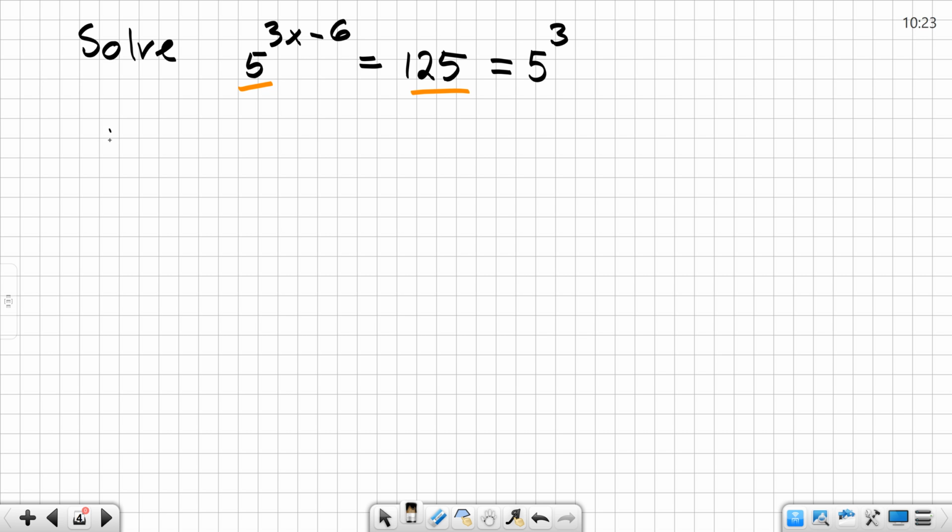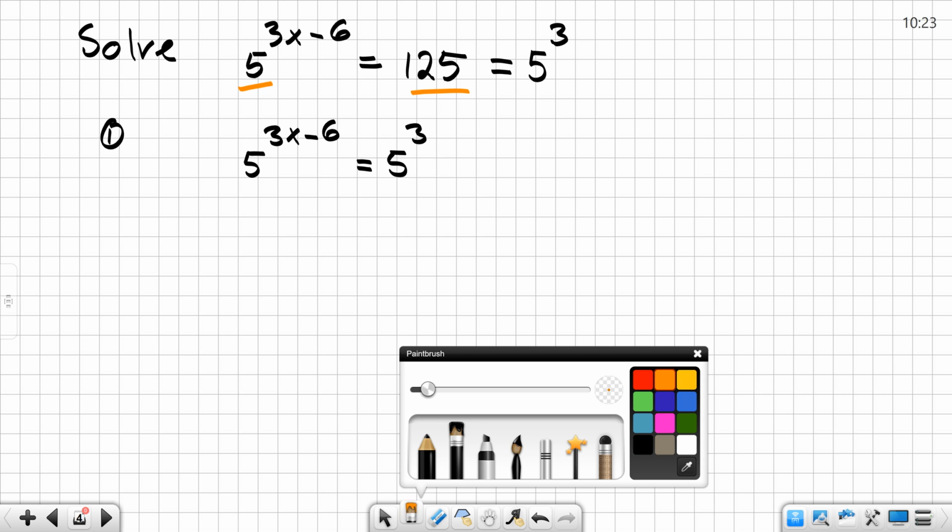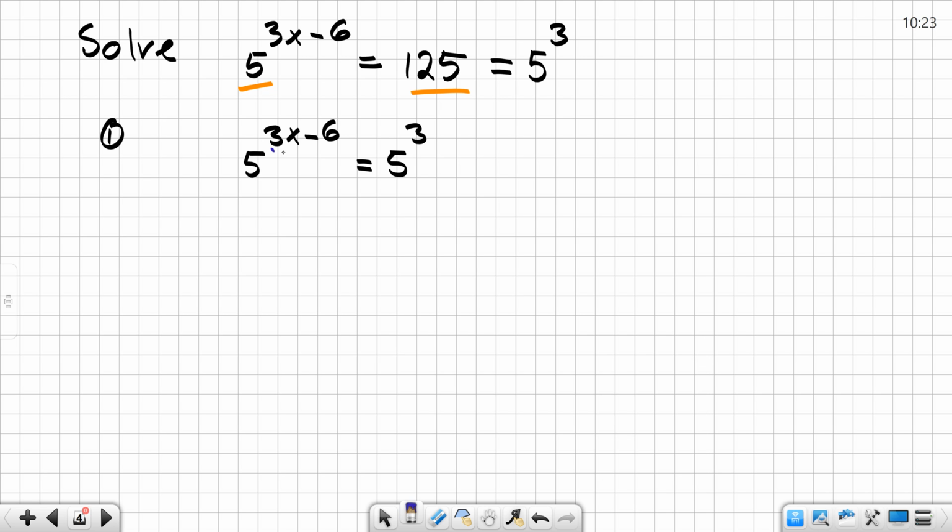So what I can do right now in my first step, I am going to rewrite my equation. 5 raised to the 3x minus 6 is supposed to be equal to 5 raised to the third. And in my second step now, I see that I have an exponent on the left side and an exponent on the right side, and the bases are the same.